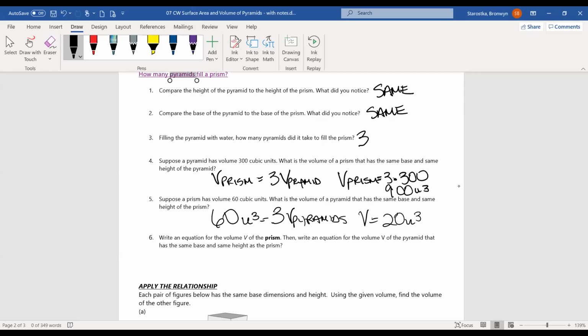So if we want to find the volume of the prism, we find the area of the base and times it by the height.